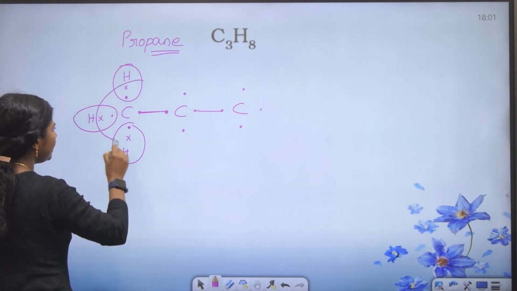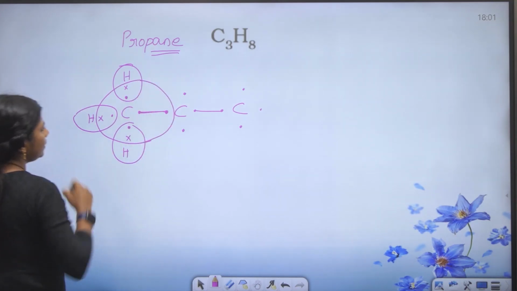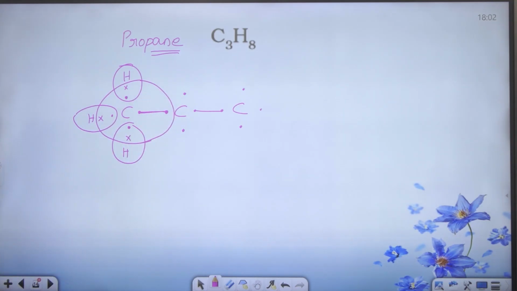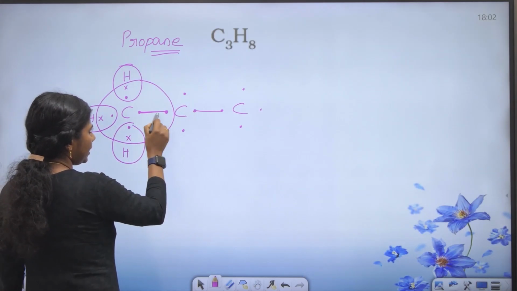Now the first carbon atom has satisfied its octet. The second carbon atom has satisfied only 2 valencies.